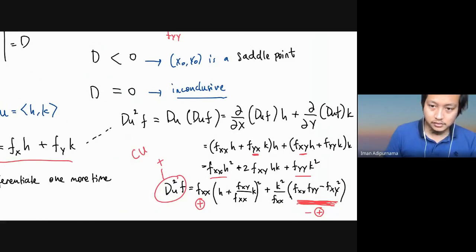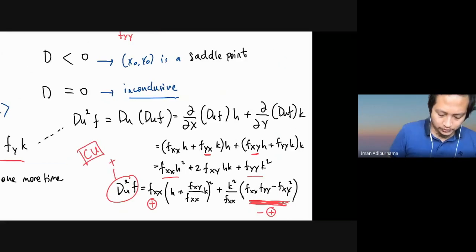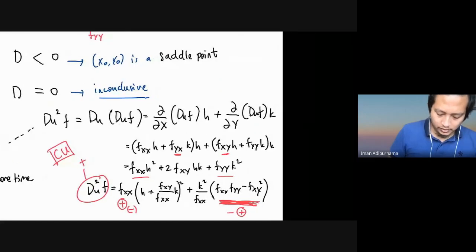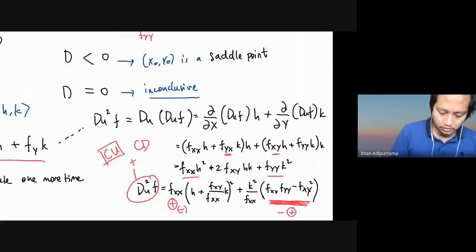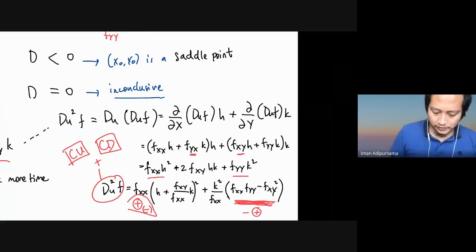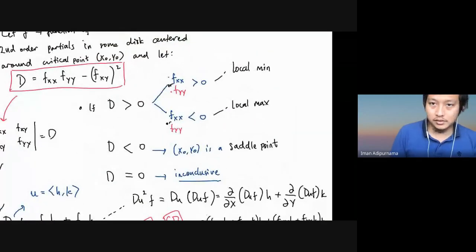If you imagine the curve intersecting the plane, it will be concave upward. And if this is negative and this is positive, it will be concave downwards. And from these positive and negative signs, we have these conclusions. Okay, hope you get the idea.